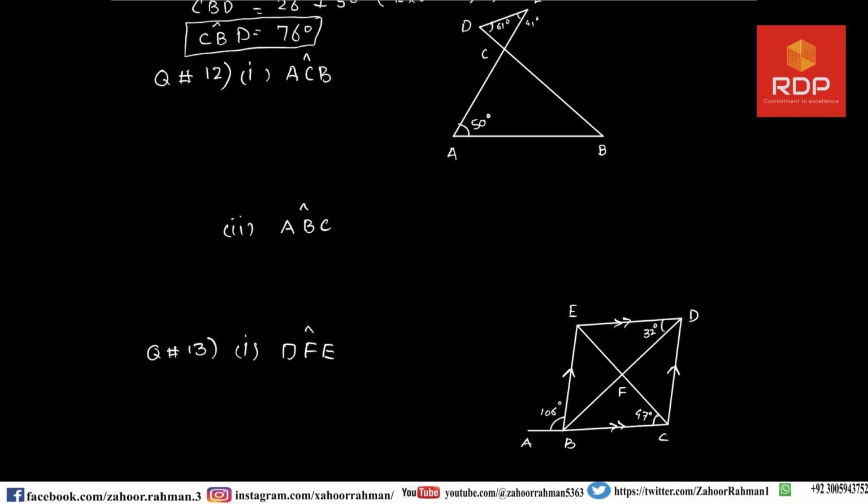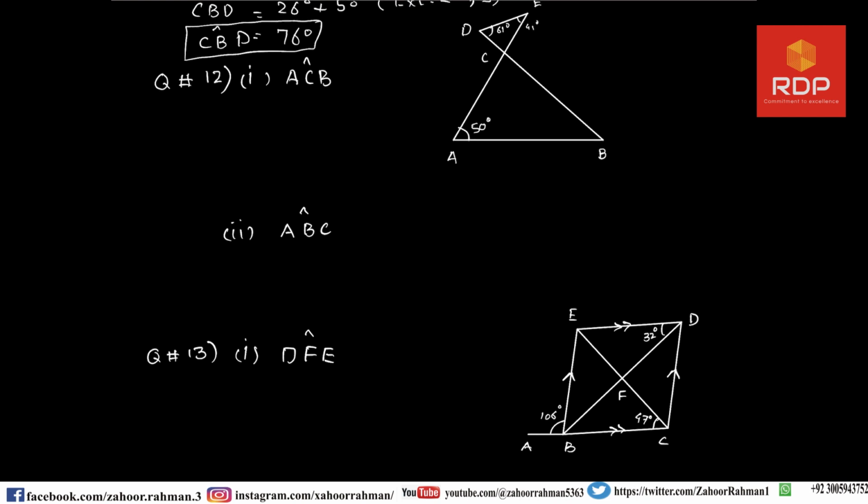Now we have to concentrate only on the figure, nothing else. In question number 12, they have given us this figure in which one angle, this one, is 61 degrees and the second one is 41 degrees, and this angle is also given as 50 degrees. Now these are the information, and we have to remain in the context of this information.